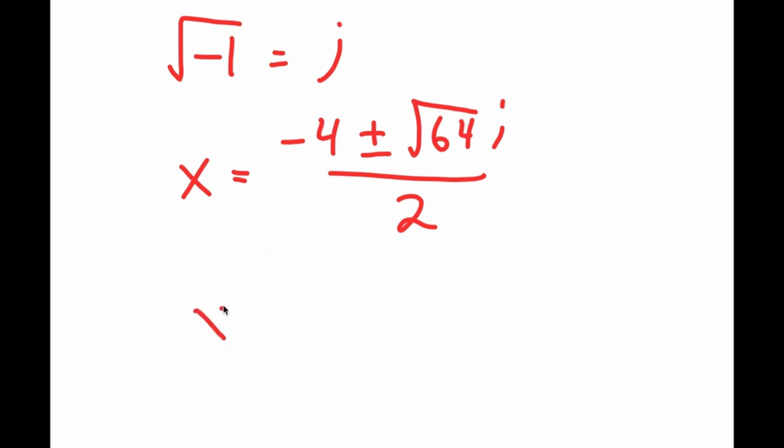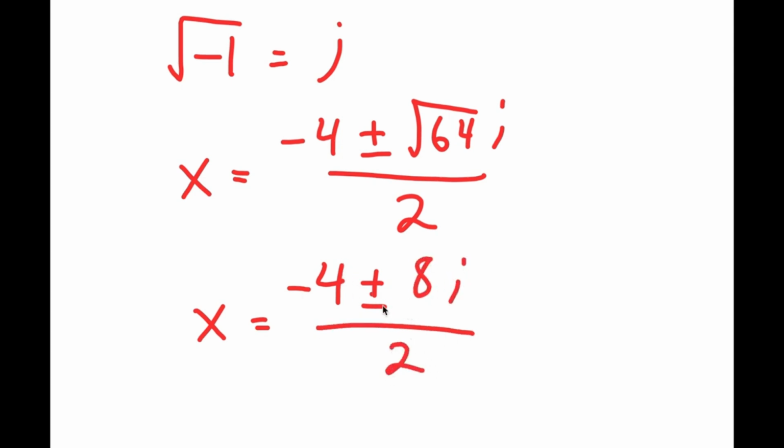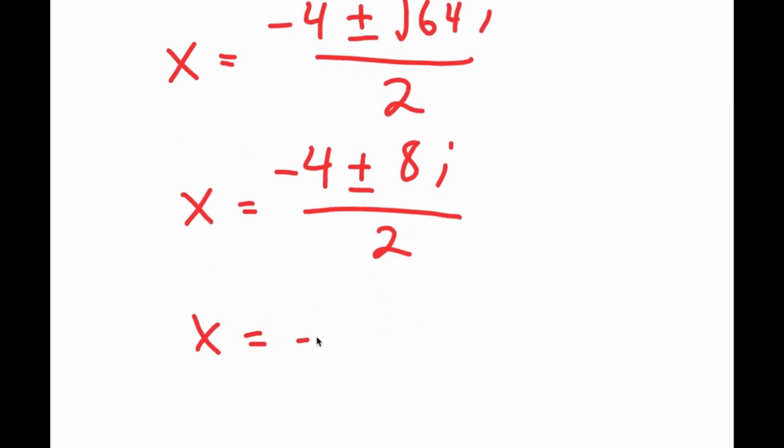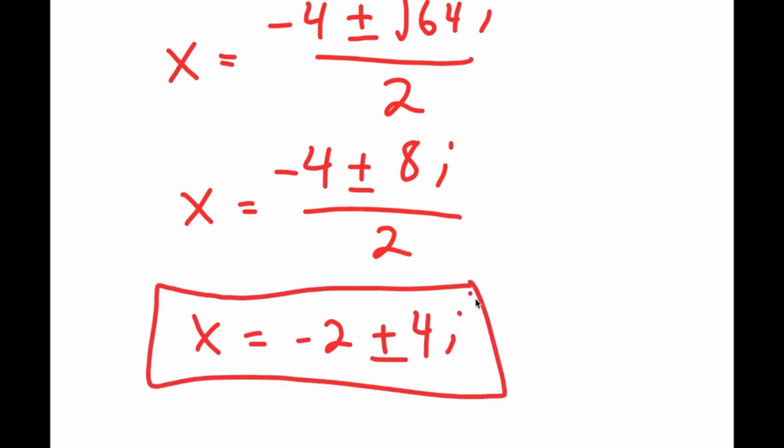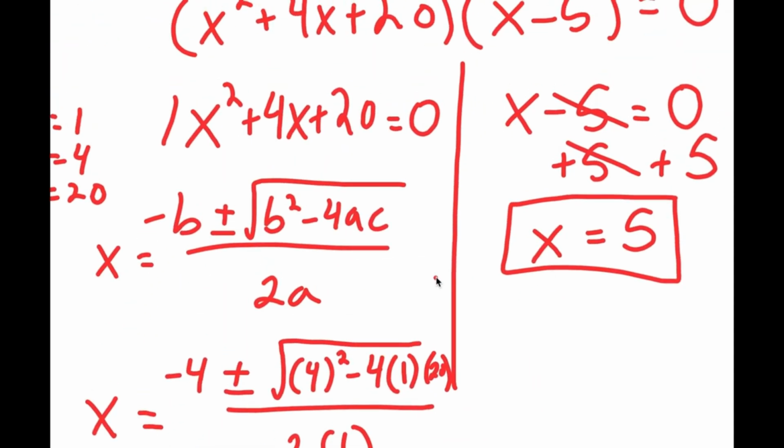So I get x is equal to negative 4 plus or minus 8i over 2. Negative 4 divided by 2 is negative 2, and 8 divided by 2 is 4. So these are two other solutions.